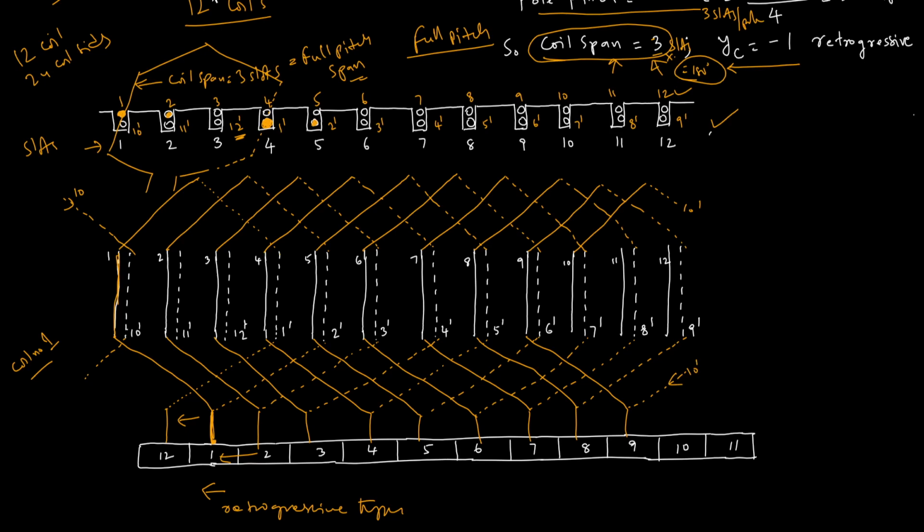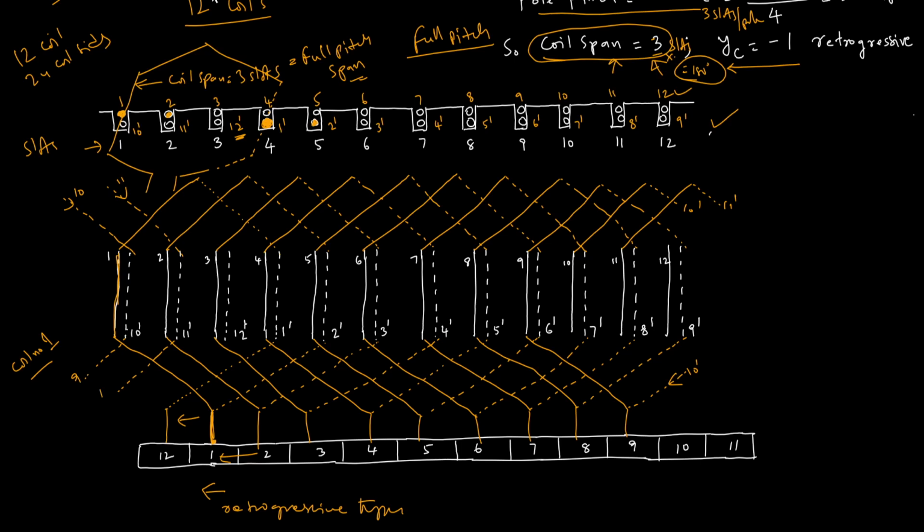The 11th coil, 11 and 11 dash. 11 dash is again on this side. This is coming from 11, and 11 dash will go to 10.